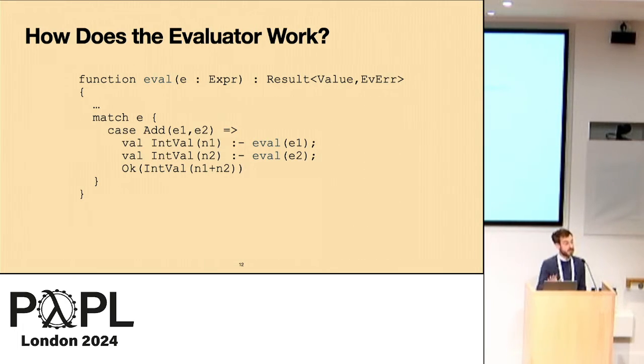I'm going to use the case of the add operation, just to illustrate what I'm talking about. Imagine this extended for hundreds and hundreds of cases for all the constructs in the language. Okay. So in the add case, to evaluate an add expression, we first evaluate one branch, then we evaluate the other, we check that they both evaluate to ints, and then we return the int that is their sum, right?